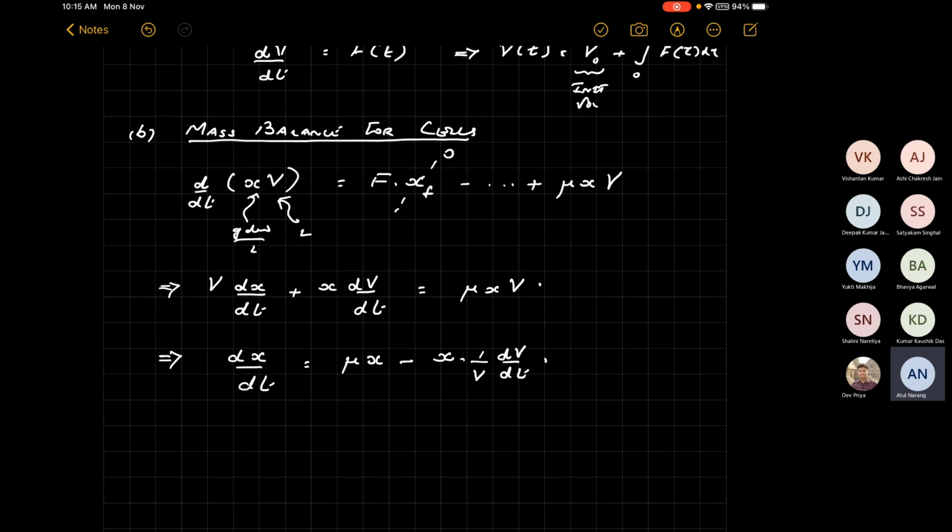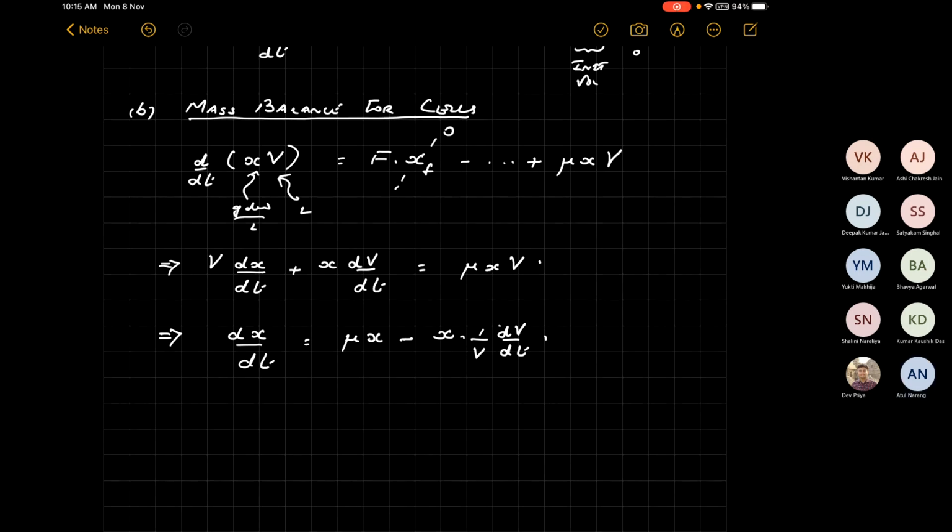Yes, sir. The important point here is that we have come up with something. Let's proceed a little bit further. We showed above that dv dt is nothing but F of t. The rate at which the volume increases is related to the rate at which stuff is coming into the reactor.